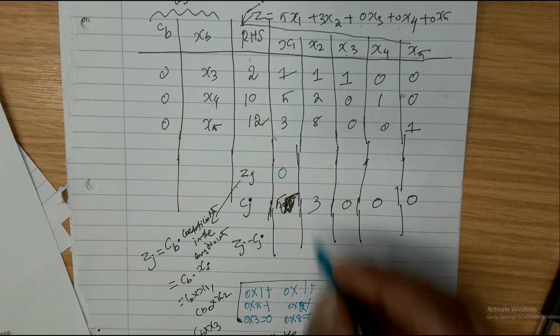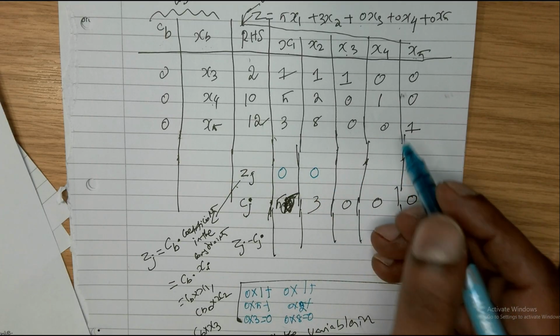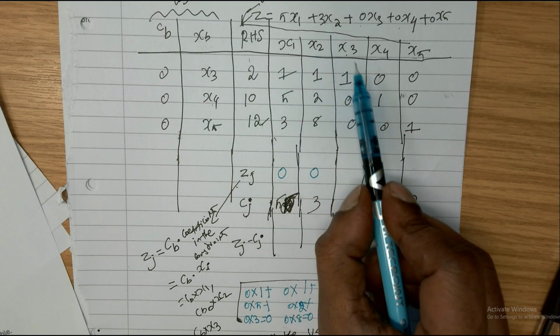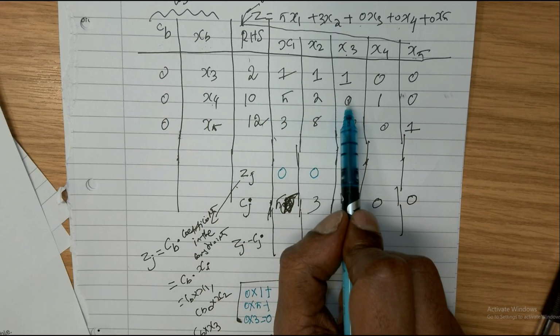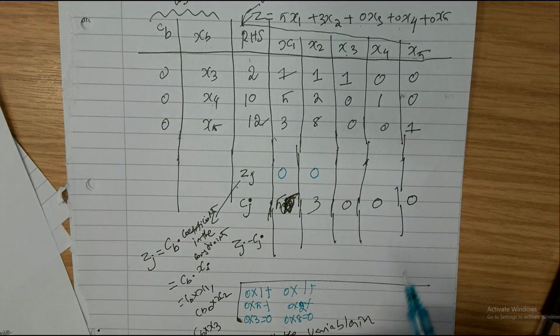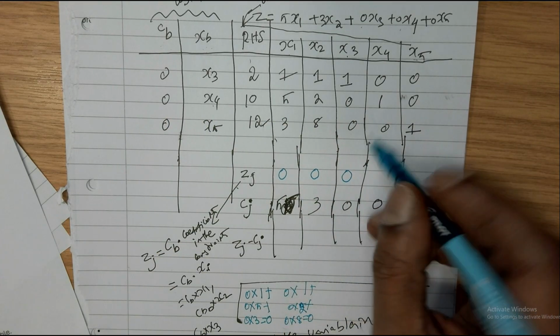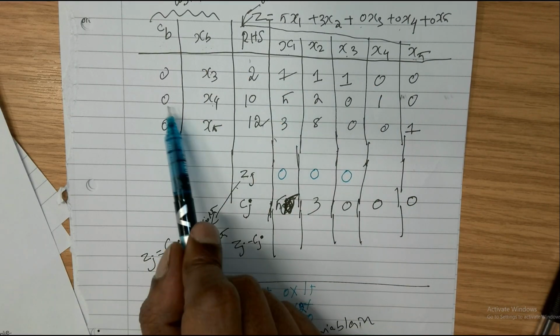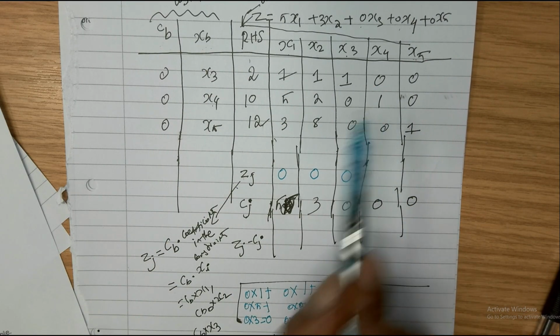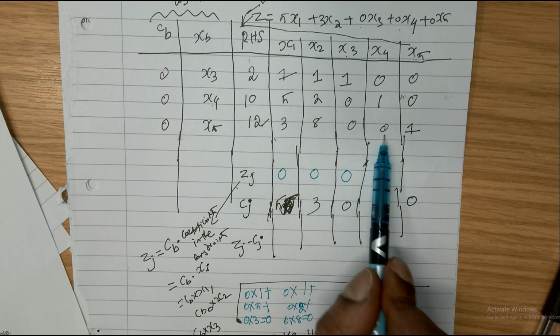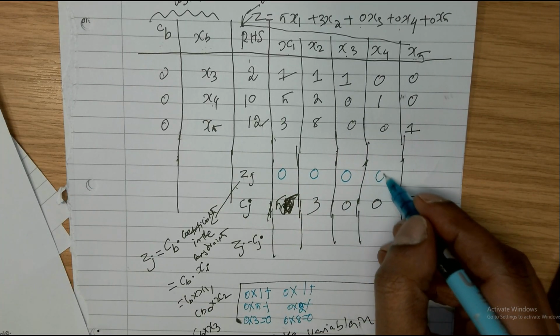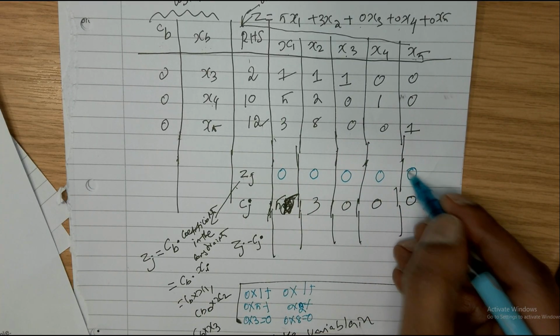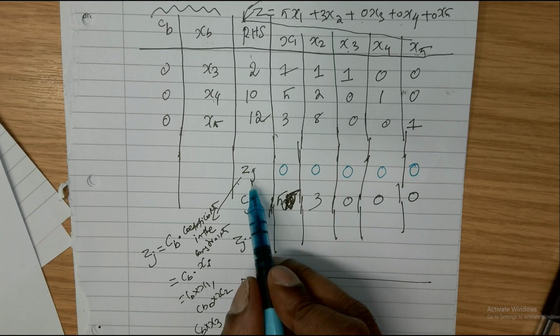It makes it 0. And now do the same: 0 multiplied by 1 plus 0 multiplied by 0 plus 0 multiplied by 0. So that will make it 0. And similarly, 0 multiplied by 0, 0 multiplied by 1 in x4 plus 0 multiplied by 0 in x4. That makes it 0. And similarly, you will get 0 here. So you already calculated Zj.